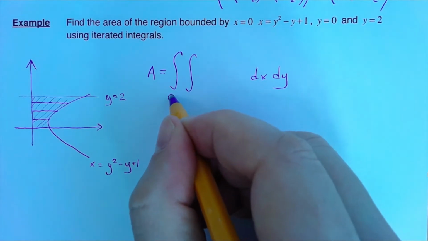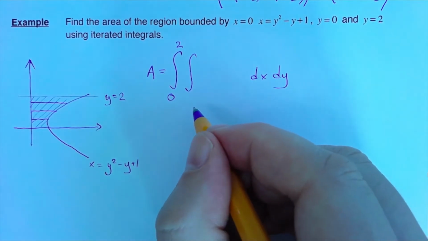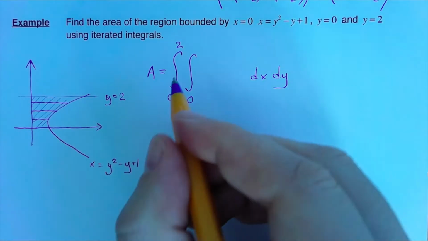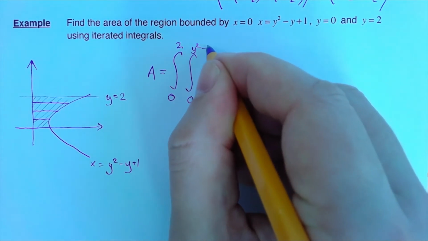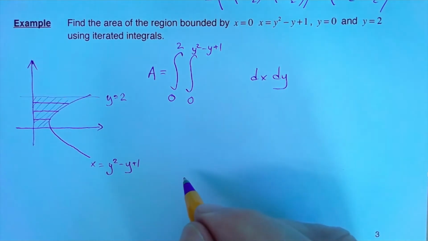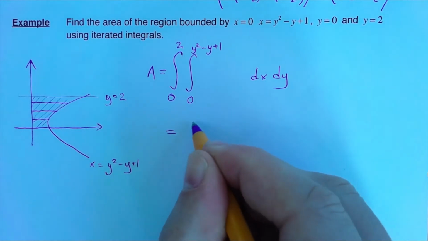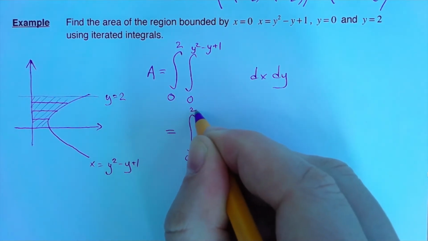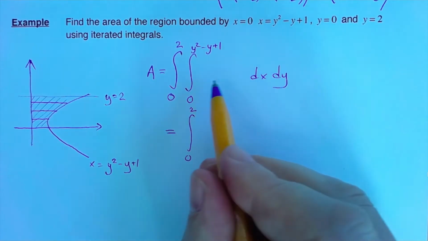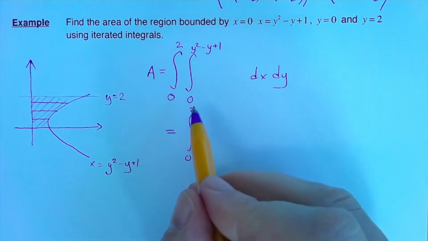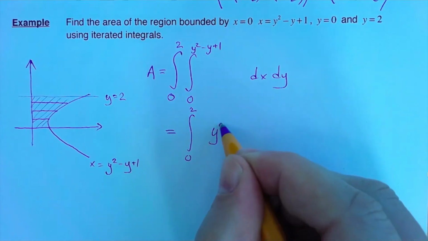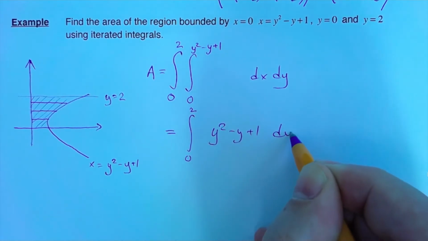So y goes from 0 to 2, and x goes from 0 to y squared minus y plus 1. So if we integrate this, it's x from 0 to y squared minus y plus 1, so it becomes y squared minus y plus 1 dy.